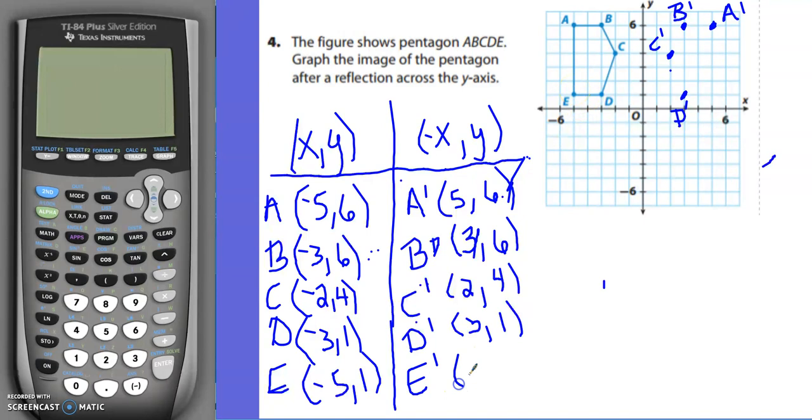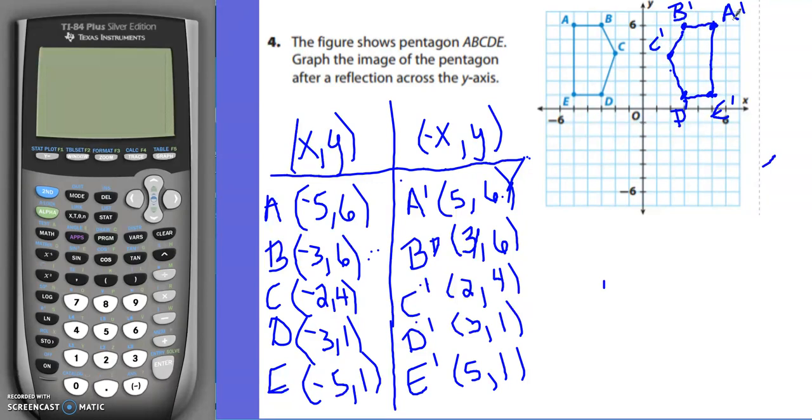The opposite of negative 5 is 5. We keep the y the same. So we're going to go over 1, 2, 3, 4, 5, up 1. Call it E prime. We're going to connect our dots. Okay, and we have the reflection over the y-axis.